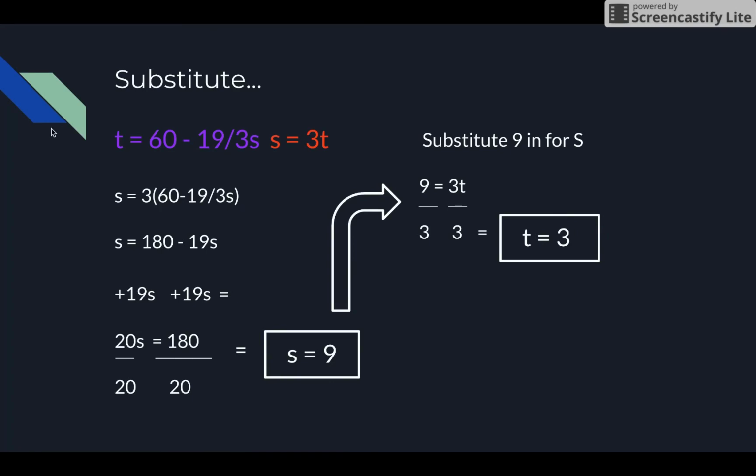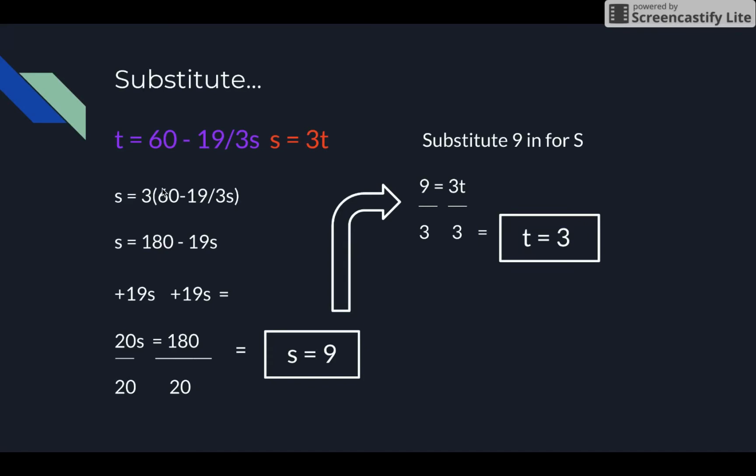Now we have our two simplified equations, and what we need to do is substitute them into one another to find the values of s and t. I'm going to plug t into this, so we have s equals 3 times 60 minus 19 over 3s.